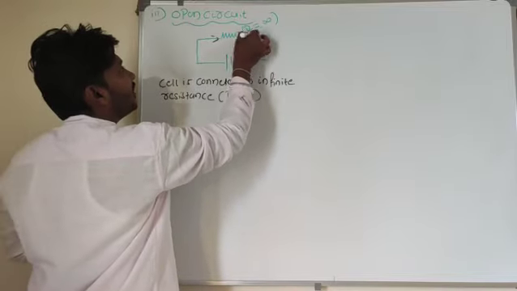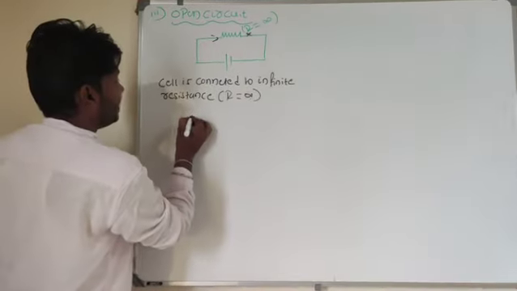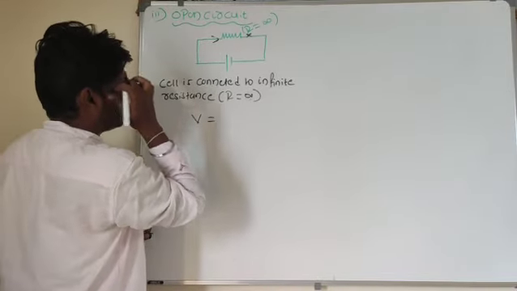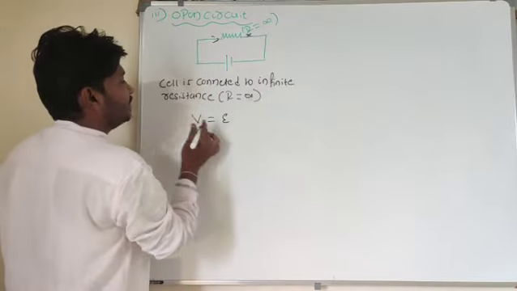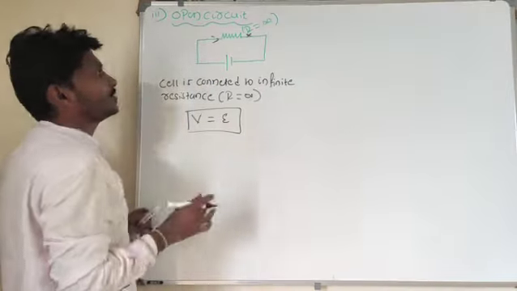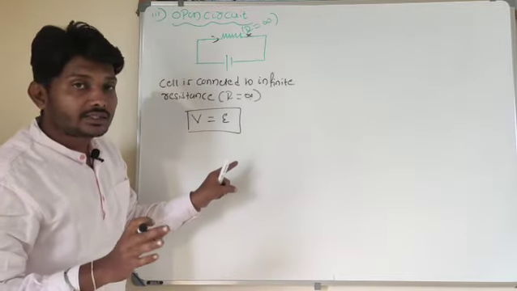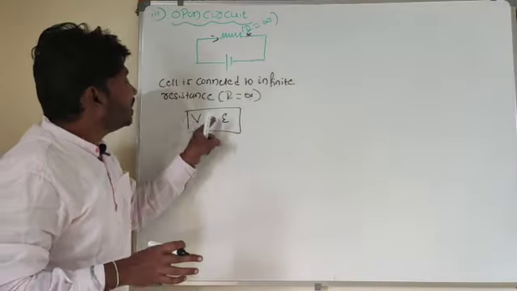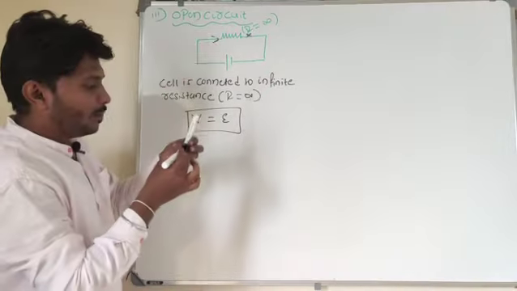Current will not flow in case of infinite resistance. So current is not flowing, means I can rewrite this equation: V is equal to E minus I into R. Current is not there. So E is equal to what? V here. So if you connect that cell to infinite resistance, what happens to the terminal potential difference? Terminal potential difference is equal to the EMF of the cell for open circuit.